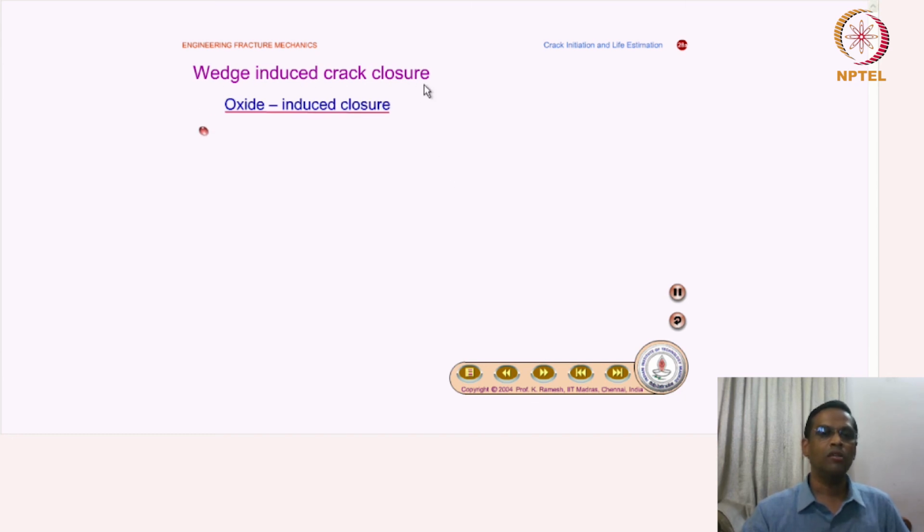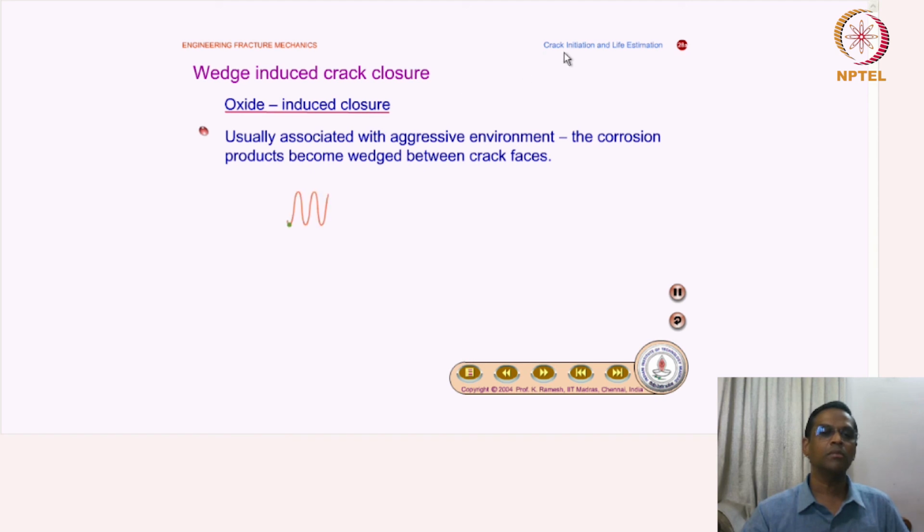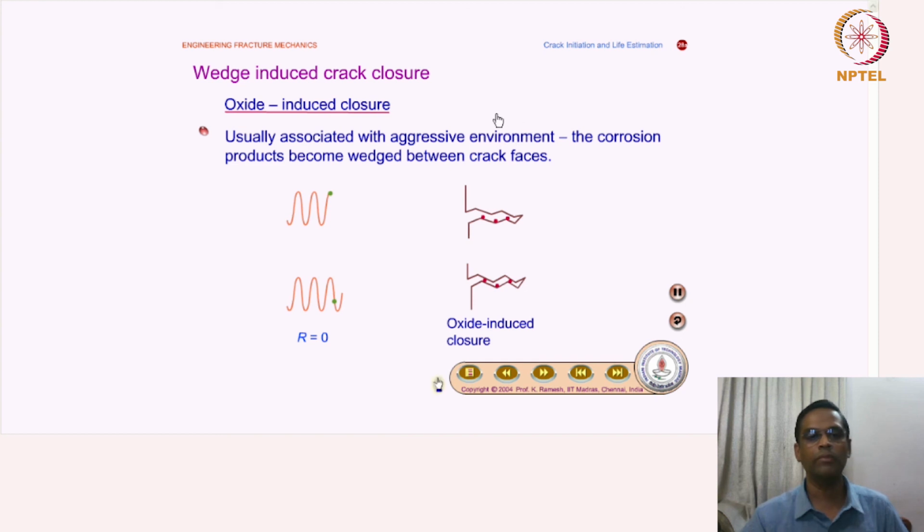Wedge-induced crack closure is another mechanism, also known as oxide-induced crack closure, usually associated with an aggressive environment. That is quite obvious, right? The oxide has to form, and then that will facilitate the crack closure. So it is essentially happening in an aggressive environment. The corrosion products become wedged between the crack faces. This is a quite popular mechanism in fatigue.